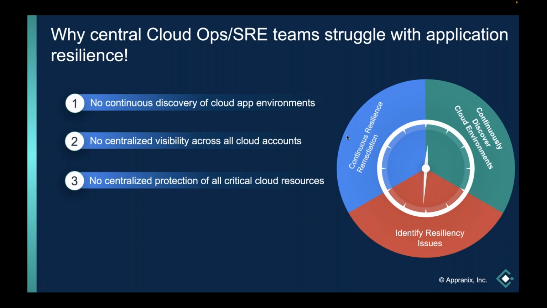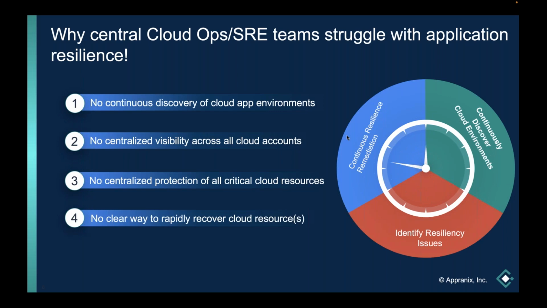Unless you have that visibility, it's very difficult to protect all these critical resources, right? Without knowing what's going on, how can you just go and assume that you can protect all of that? The first thing, compliance-wise, you're out of compliance as soon as you know that you cannot discover all your resources. And now comes the protection, right? That is the second aspect of it.